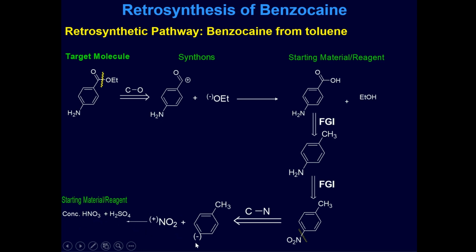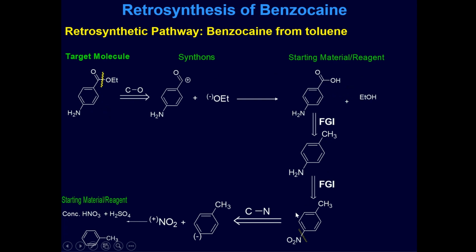I can nitrate to give para-nitrotoluene, and toluene is easily available. Toluene, I can nitrate, and I'll get para-nitrotoluene. I can reduce this nitro group to get para-toluidine. Then I can oxidize this methyl group to get para-aminobenzoic acid, and para-aminobenzoic acid I can treat with ethanol to give rise to the corresponding benzocaine.